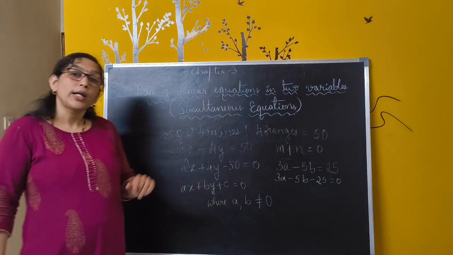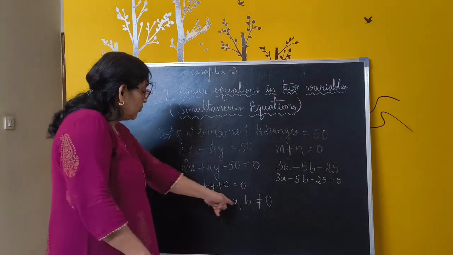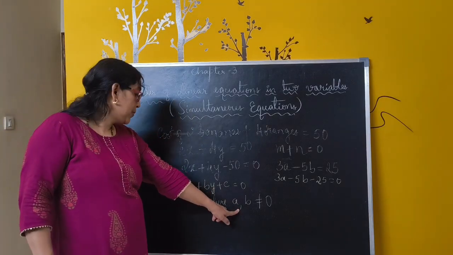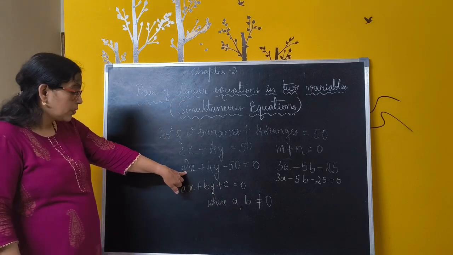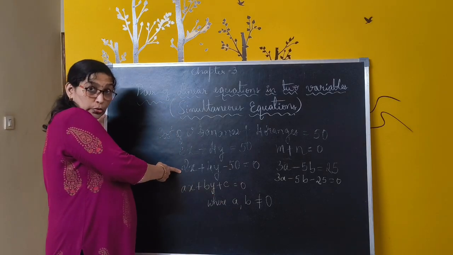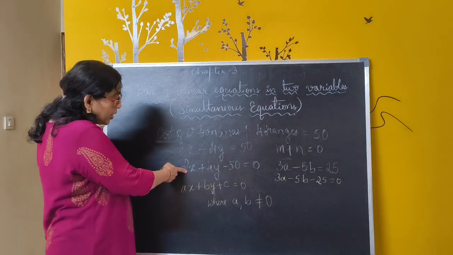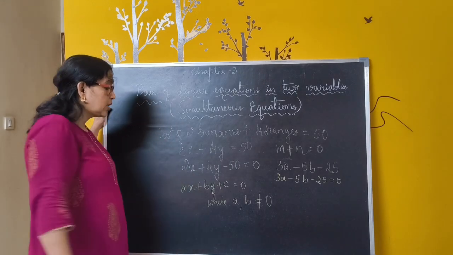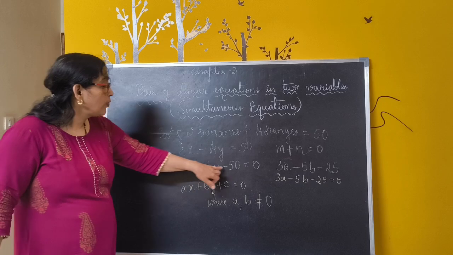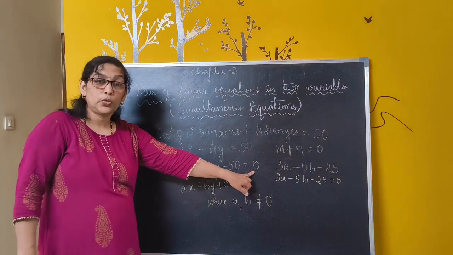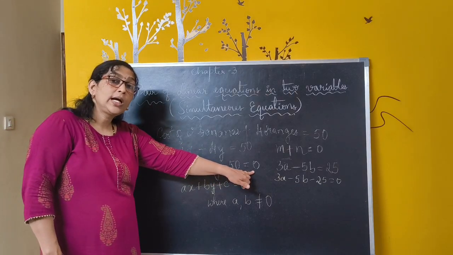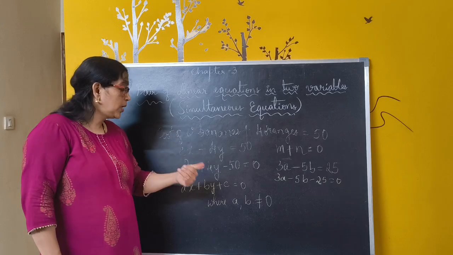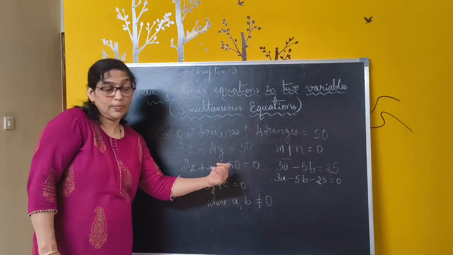Now my question, what happens if a is equal to 0? Yes, for example here, what is the value of a? a is 2. If I get a is equal to 0, here 0 into x, what do I get here? I get 0x is 0 only. So 4y minus 50 is equal to 0. Then how many variables do we have now? A single variable. So it becomes a linear equation in one variable.